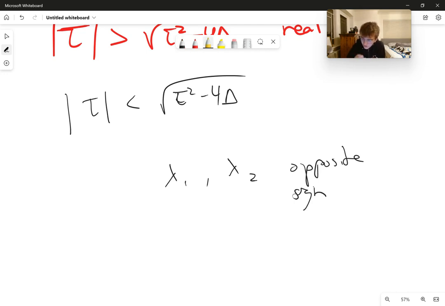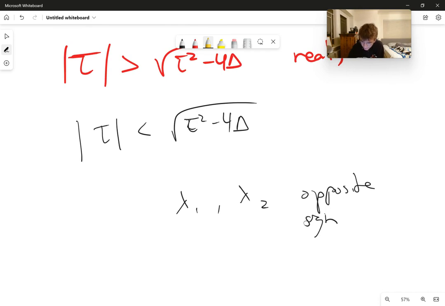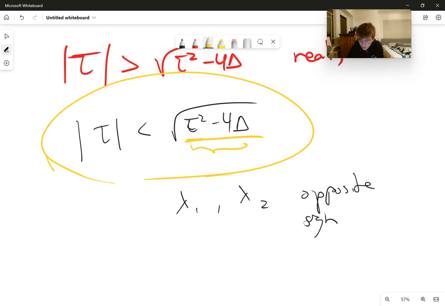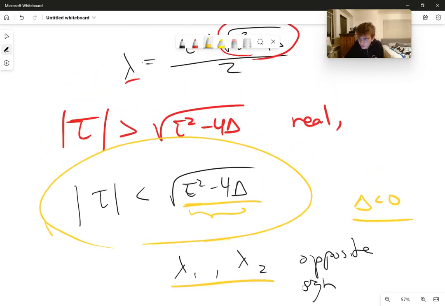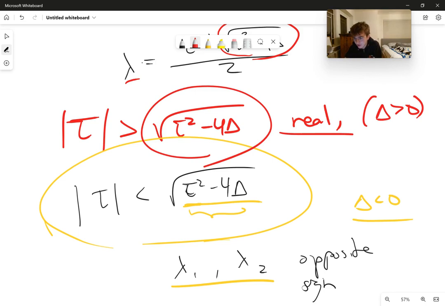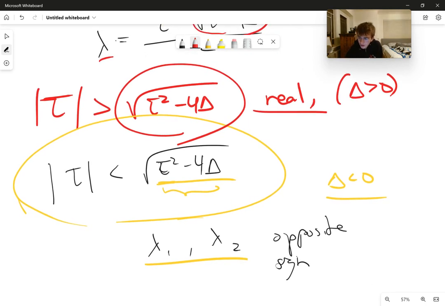The only time this happens is when the input of this square root is greater than tau squared, which essentially means our determinant has to be negative. So when our determinant is negative, these two will have opposite sign. Similarly, when the determinant is positive and this thing is real, we're going to have the stable and unstable nodes that we just went over. I'll write this all out more clearly at the end of the lecture.